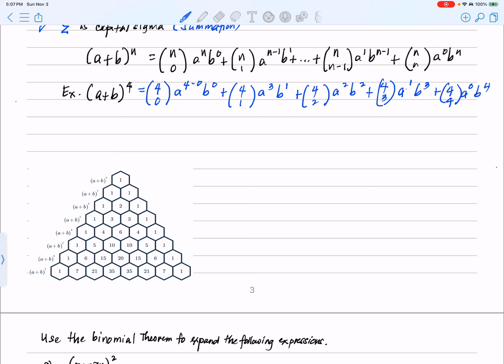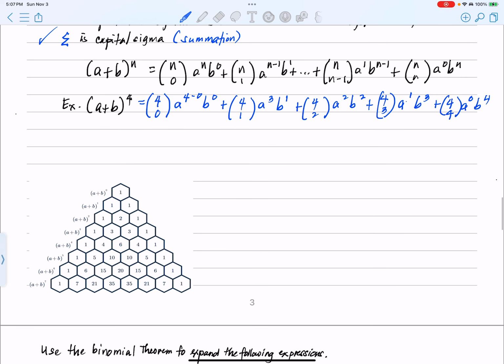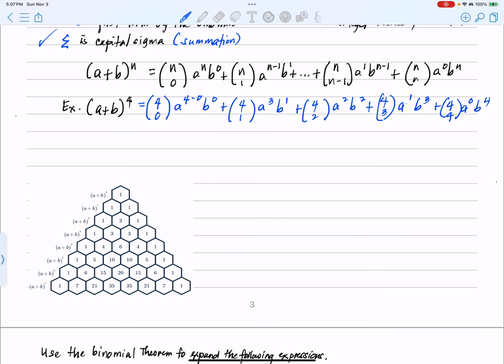Now, if you try to observe, okay, I will simplify this. Looking at the exponents on the variables in the expansion, the exponent of the first term, 4, 3, 2, 1, 0, is descending from n, ending at 0.